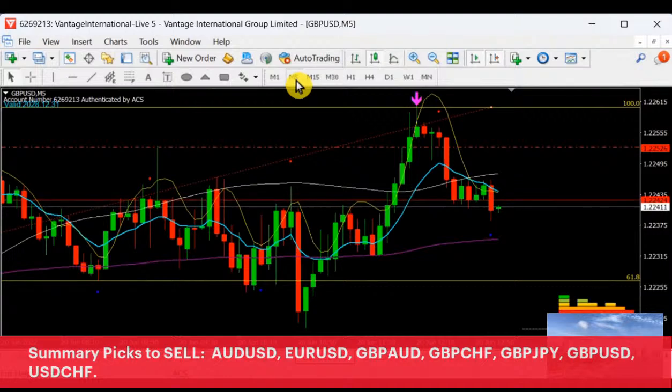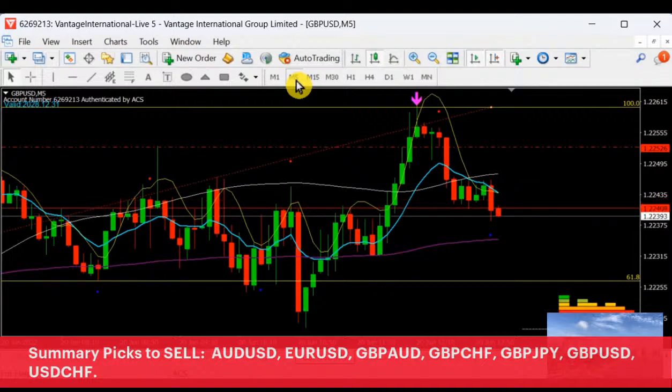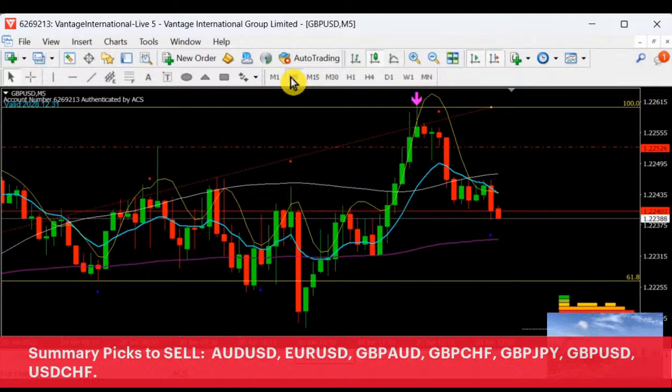It is quite a struggle for everybody, I believe so. Pound dollar, yes, I will be taking a trade, but it's going to be short term.